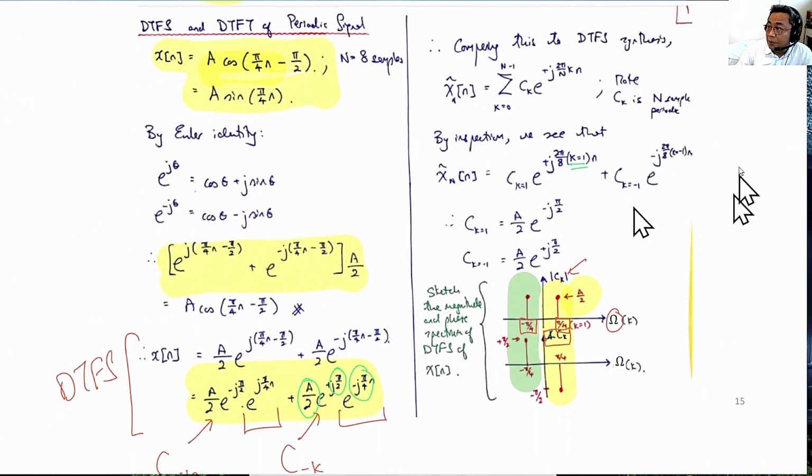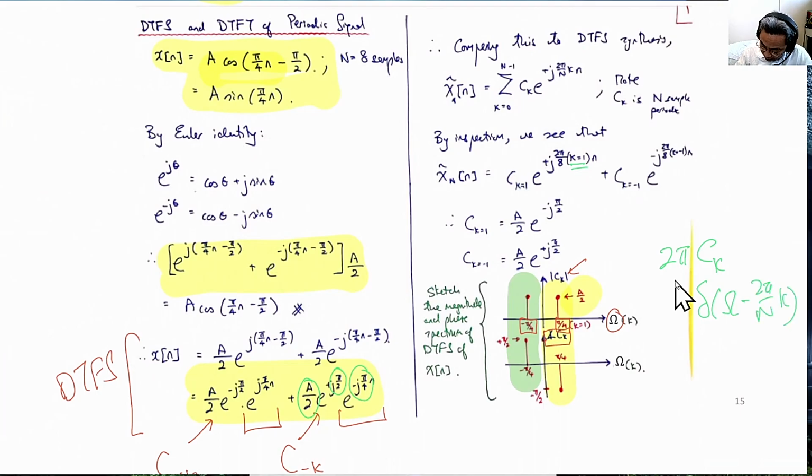Now, the problem was to find the DTFT representation. So to find the DTFT representation, remember we need to multiply the Ck by 2 pi, and we put it at the delta omega equals minus 2 pi over N k. So remember, Ck is a complex number.